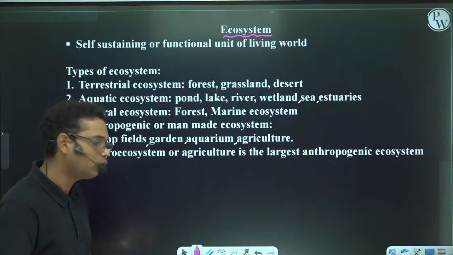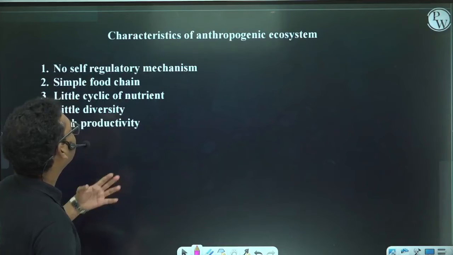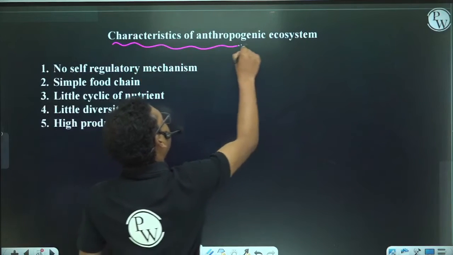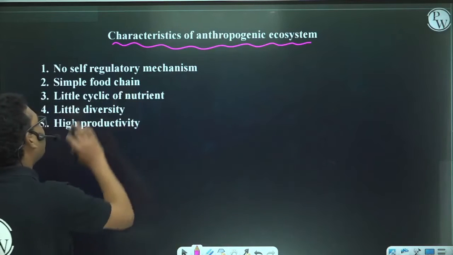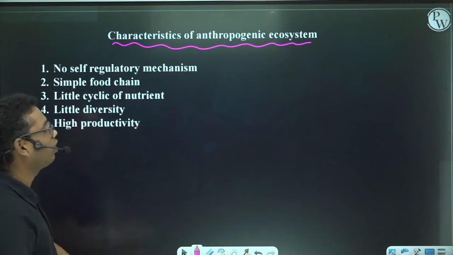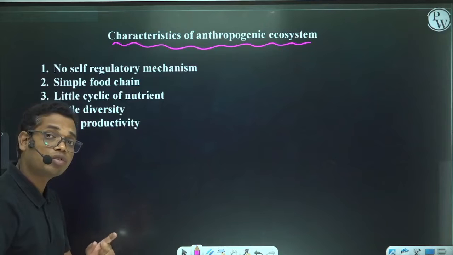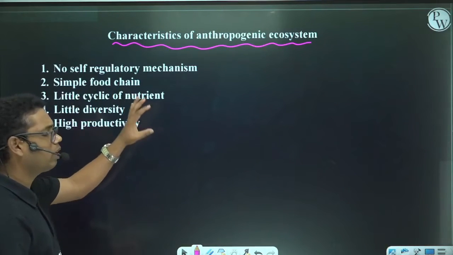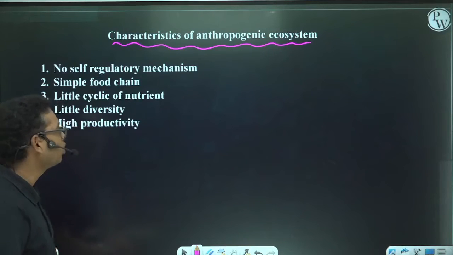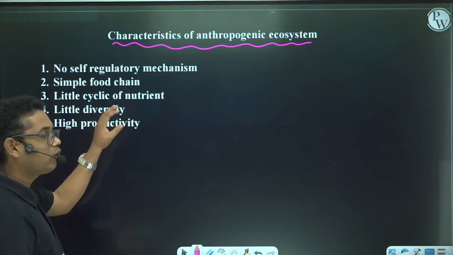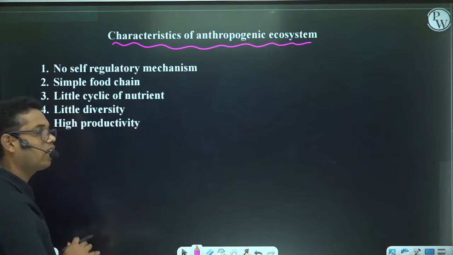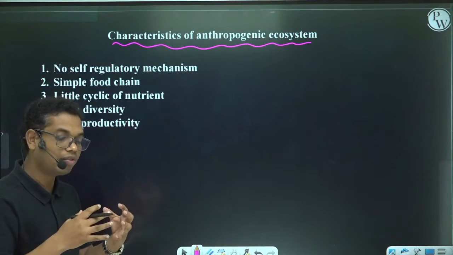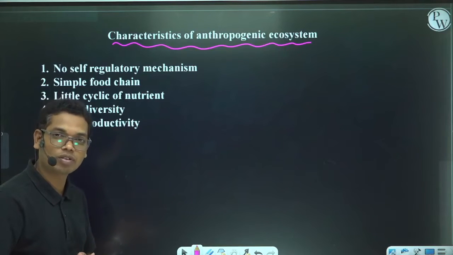So what are the features of anthropogenic or man-made ecosystem? Man-made ecosystem has no self-regulatory mechanism. Natural ecosystem has self-regulatory mechanism, but man-made ecosystem has none. Second, in man-made ecosystem, simple food chains are found, but in natural ecosystem, a complex interwoven food web is present.